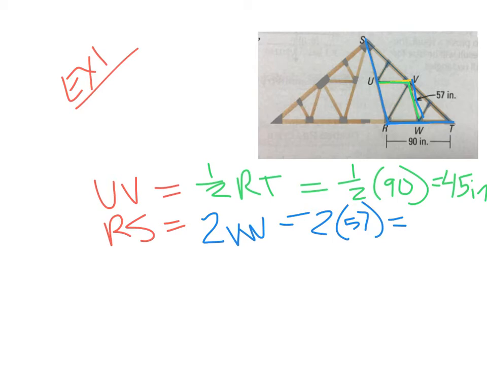And what's 57 times 2? 114. So RS would equal 114 inches. So everybody see how we solved that? We went both ways. We went where we had the longer measurement and divided it by 2, and we had the shorter measurement and multiplied it times 2. Not too bad, right? All right, let's look at example 2.